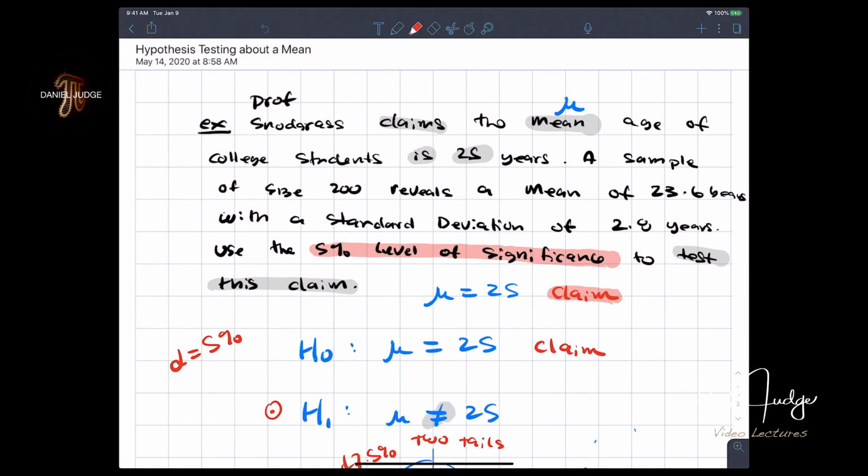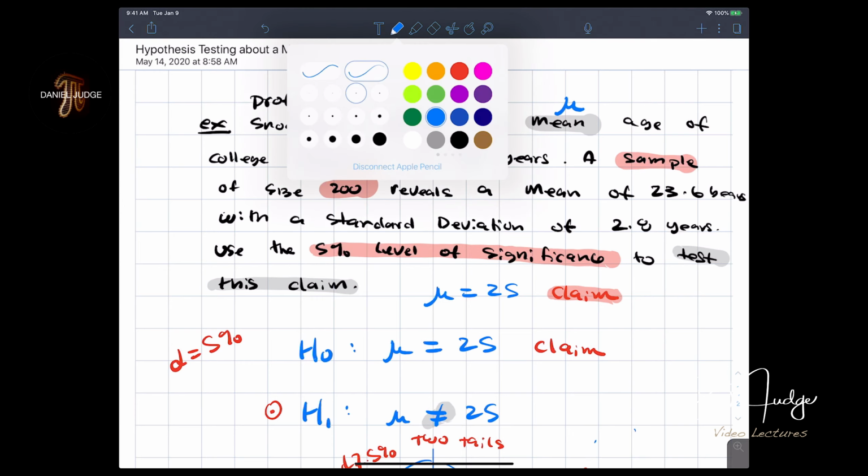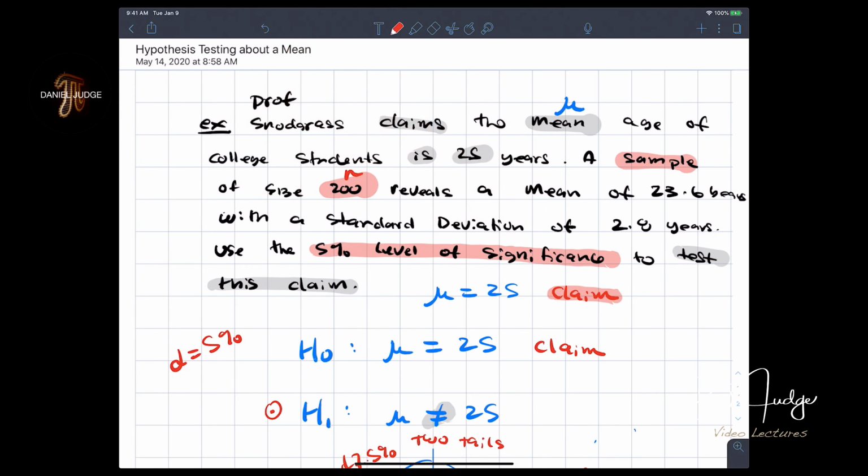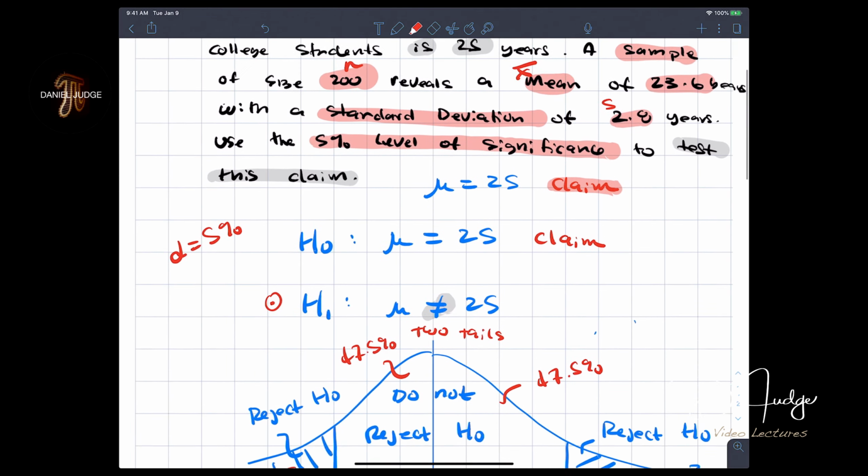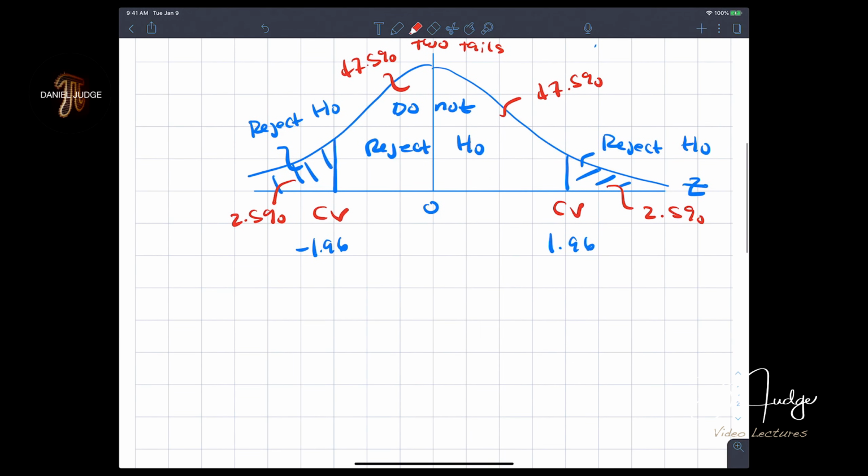What do they say? A sample of size 200, that's N, reveals a mean of 23.6. Well, that's a sample mean. And you have a standard deviation, which is your sample standard deviation. Notice you don't really go out and take a sample; they give you the sample information here.